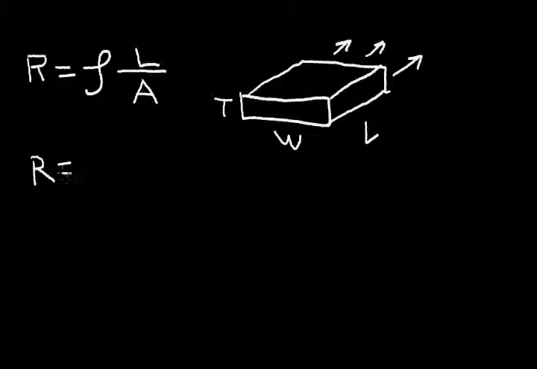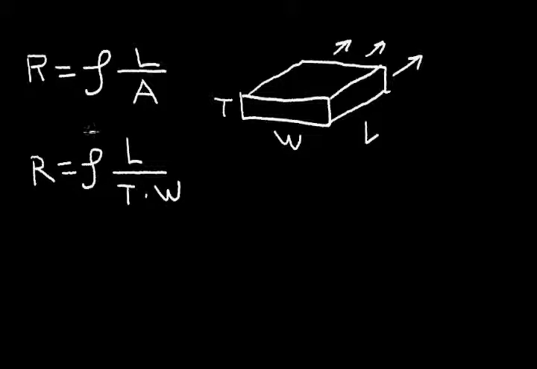The resistance is equal to the resistivity of the material times the length in the direction of the current flow, and in this case it's divided by T times W, which is the cross-section that the current flows through.